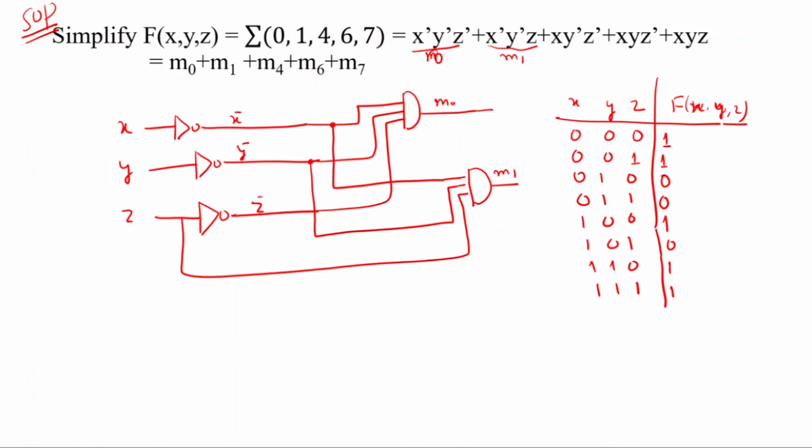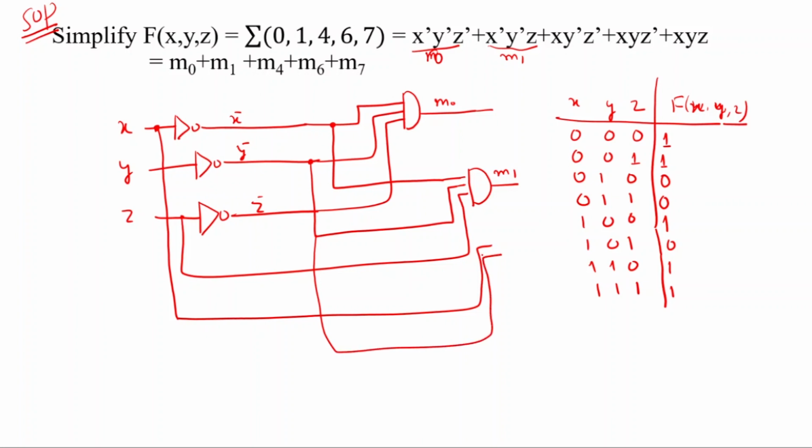Next term is x y complement z complement. So here x is taken from here, y complement is taken from here, and z complement is taken from here.